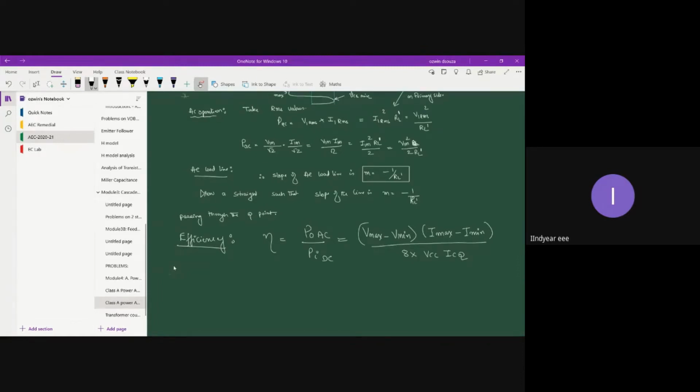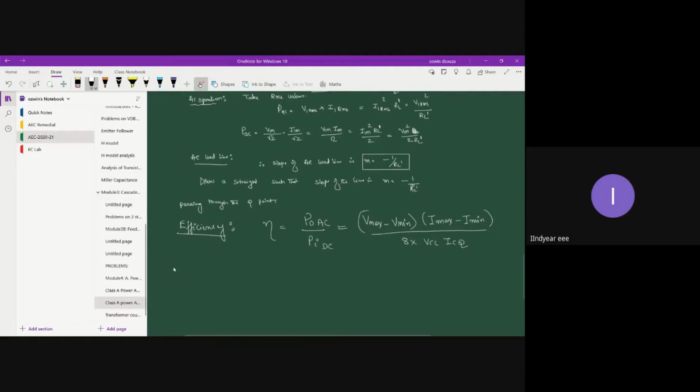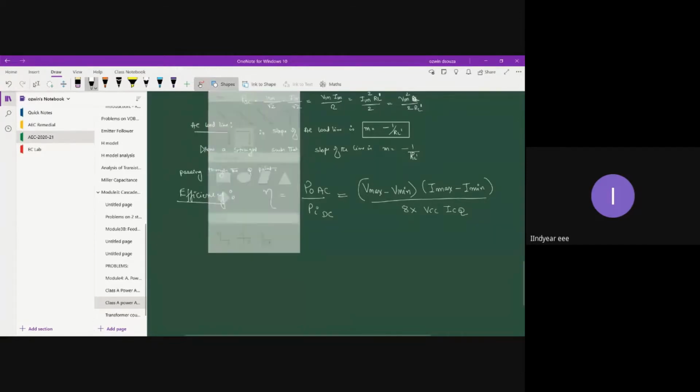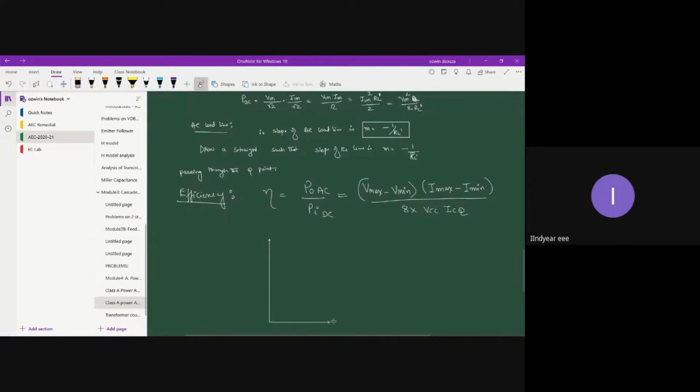With a class A transformer coupled power amplifier, efficiency can be increased to a maximum of 50%. So let's see how exactly we get an improved efficiency. To derive an expression for maximum efficiency, I will first construct the graph, the load line basically.